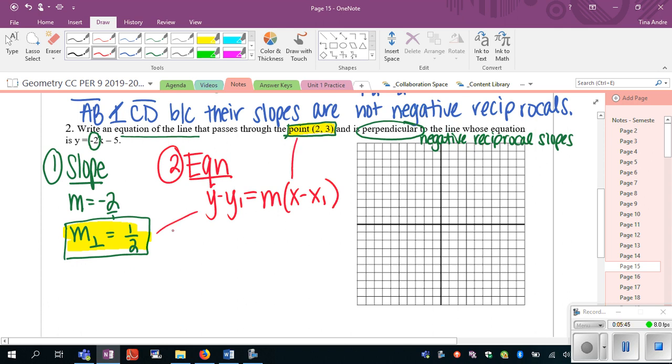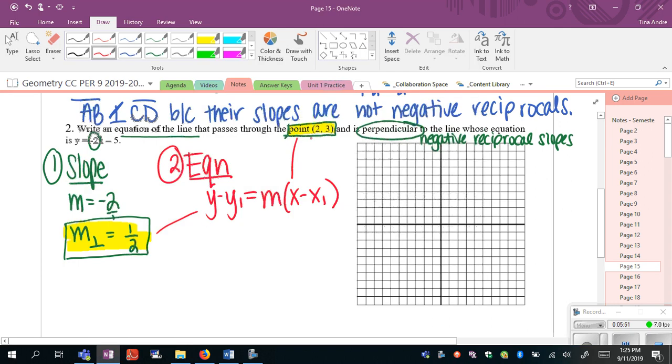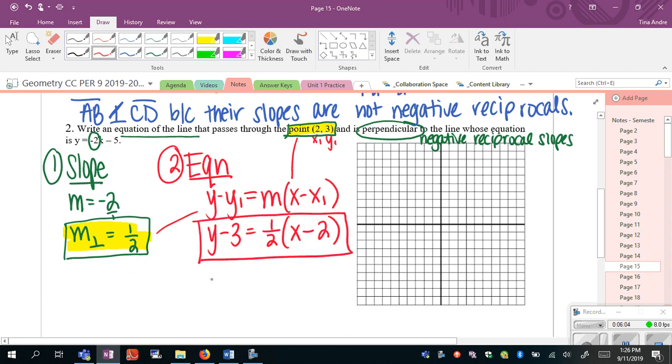Be careful, make sure that you're using the perpendicular slope, not the original slope. So I plug in my point, so this is the x1, y1. So I have y minus 3 equals 1/2 times x minus 2. This is an acceptable answer in point-slope form. If I want to finalize that, I can distribute the 1/2 and bring that 3 over.